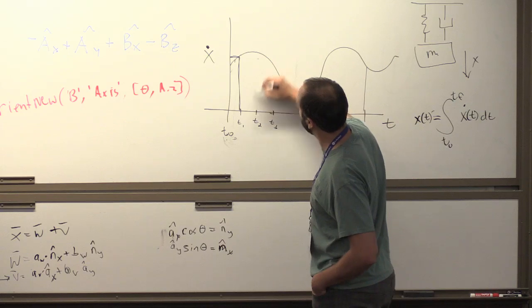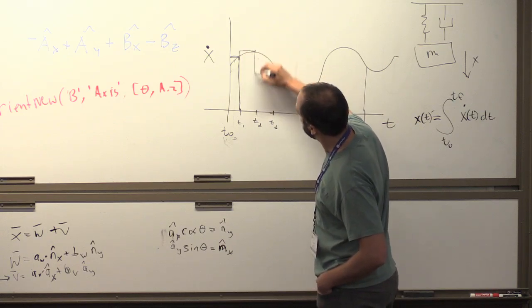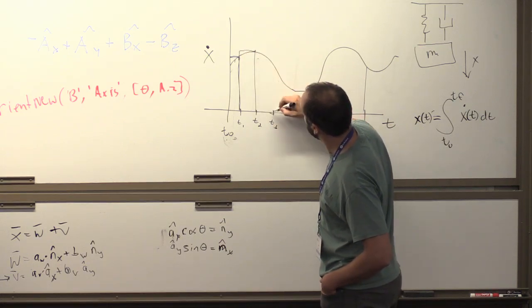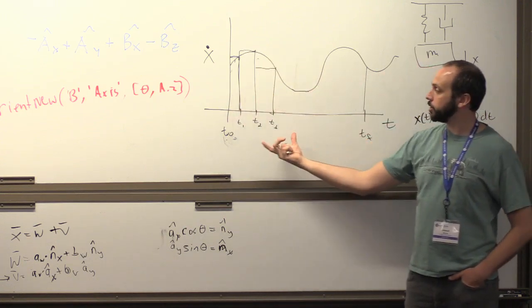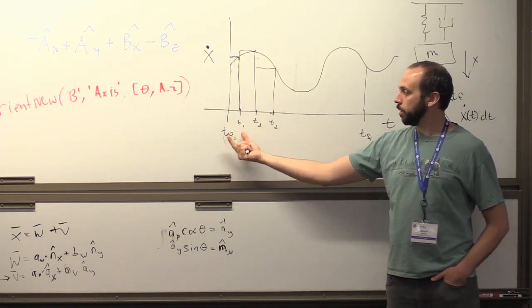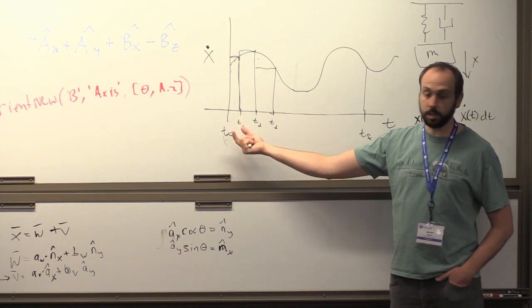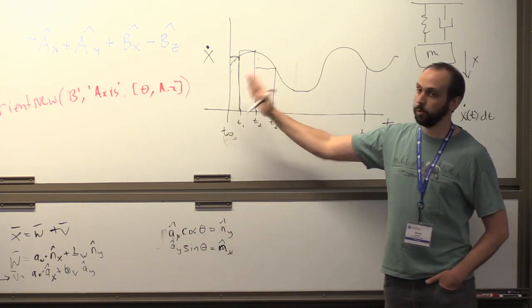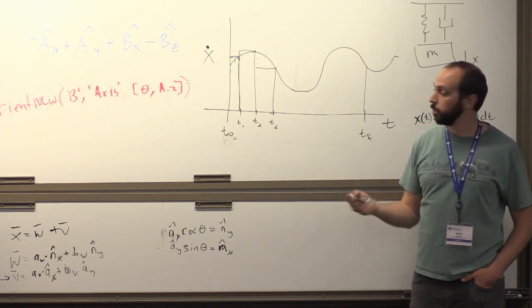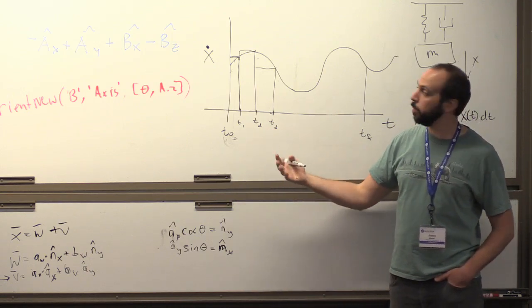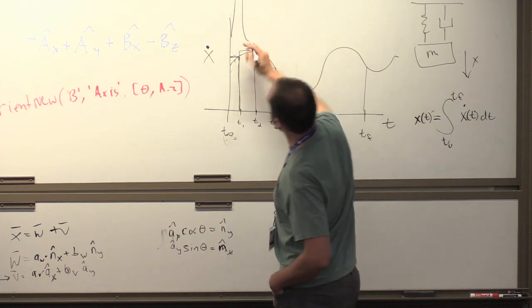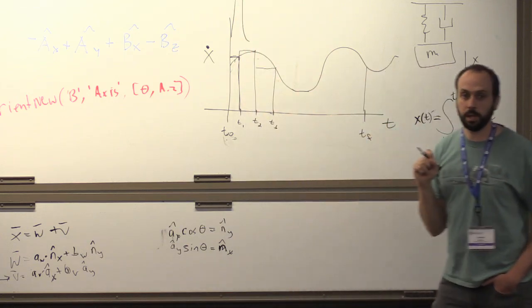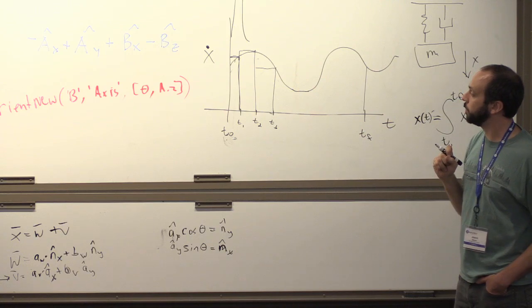And so we walk through each one, and we get some kind of estimate. And you can notice if we make the spacing here go to 0, we get the perfect curve. So smaller time steps are better, especially if the curve changes rapidly. You want small time steps to be able to get the integral of that.